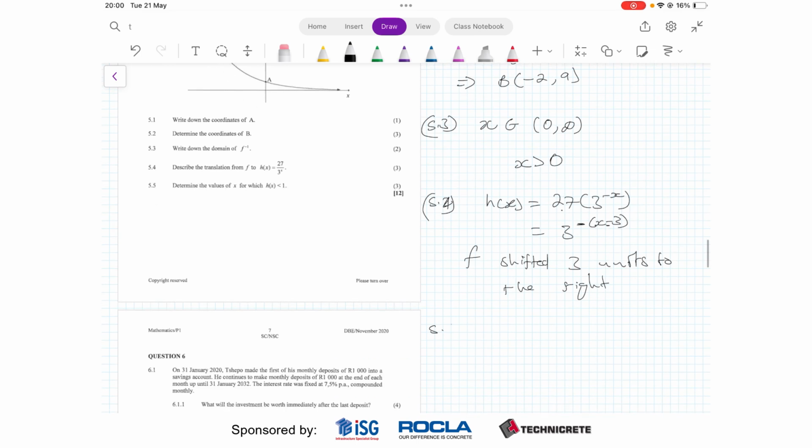And finally, 5.5, determine the value of x for which h at x is less than 1. h at x less than 1.